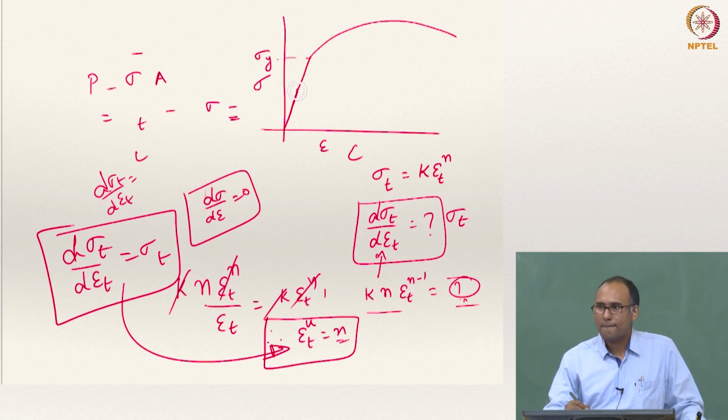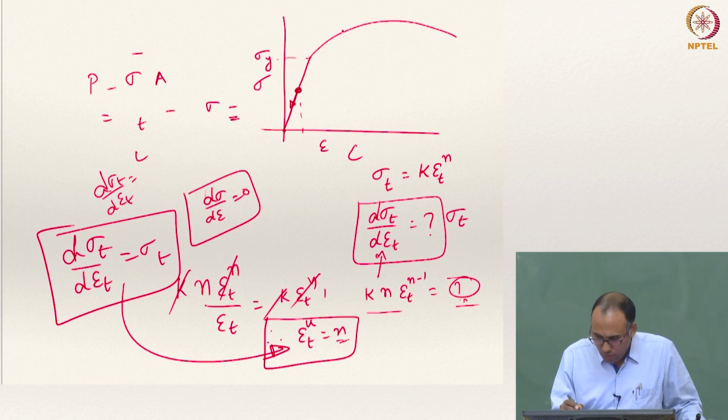What happens? I will come back along here. So what is the amount of plastic strain at this point? 0. There is no plastic deformation, and hence it should be 0.